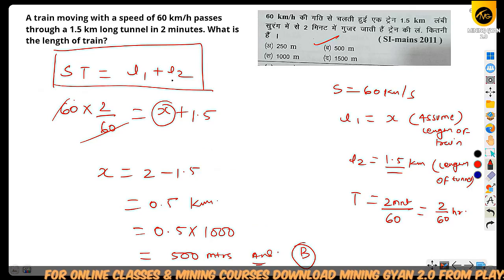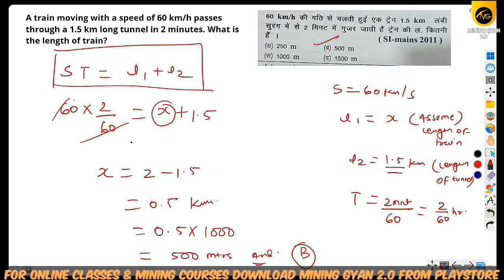So in this case, L2 is the length of tunnel, L1 is the length of train. Okay, we have already done this type of question in the last portion, like average speed is equal to total distance divided by total time duration. This is also a similar kind of formula. Average speed is equal to total distance.